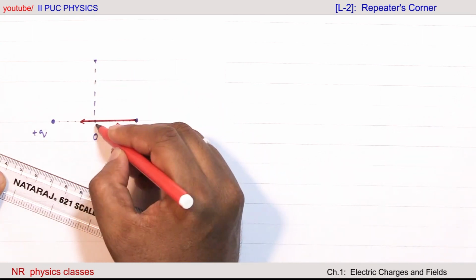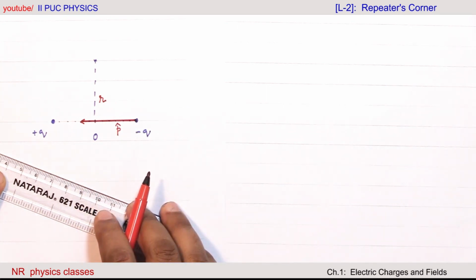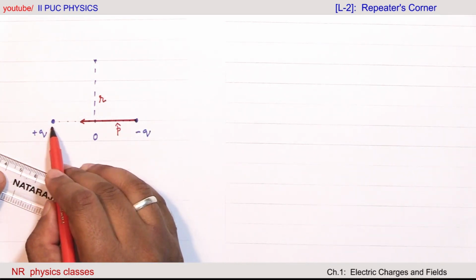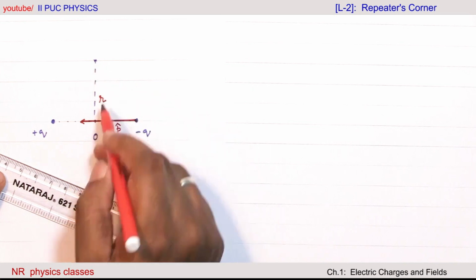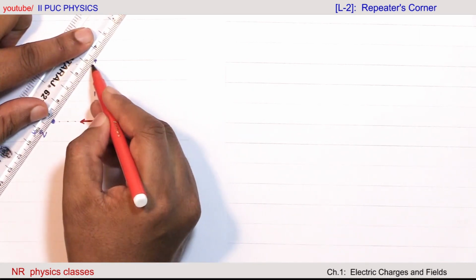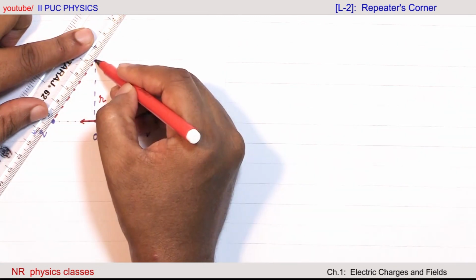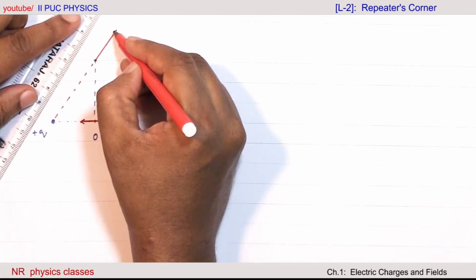Distance of A from center of the dipole is r. Because of positive charge, electric field at A is away. So this is the electric field due to positive charge.